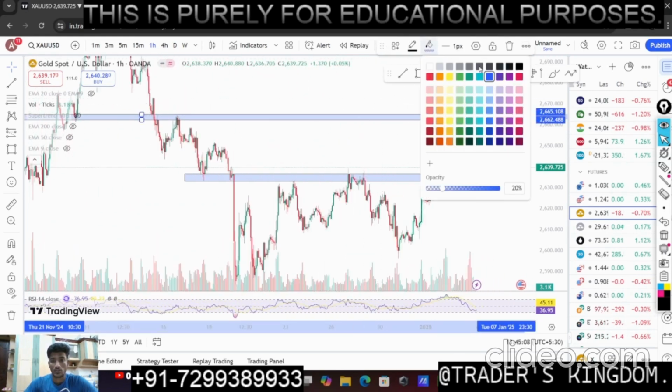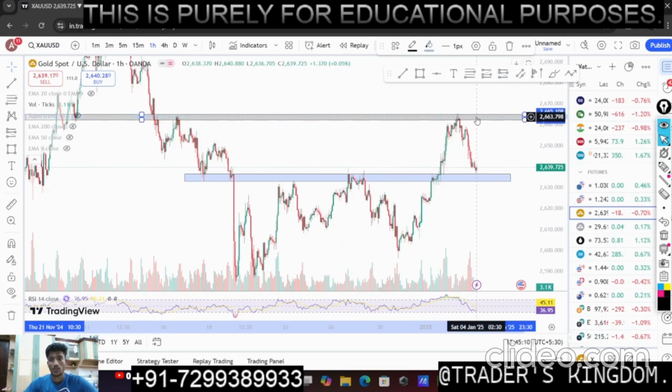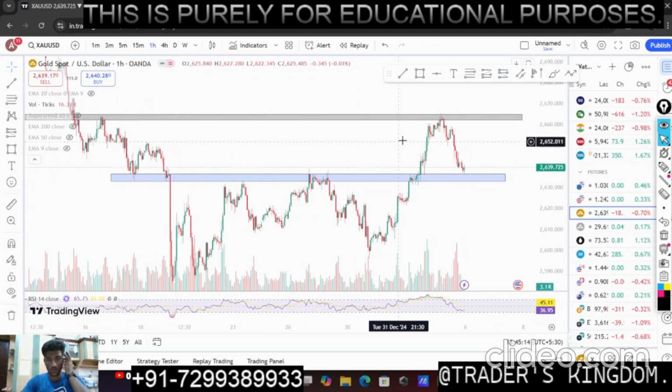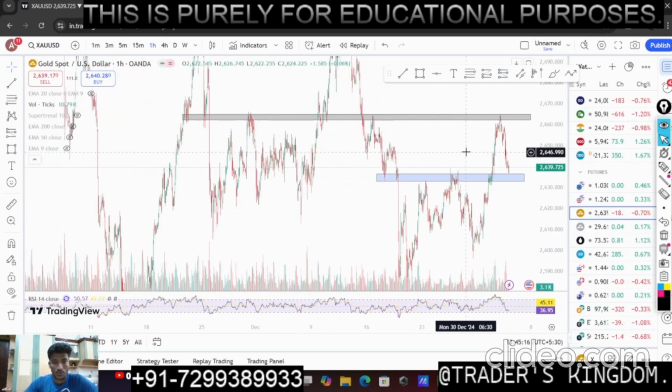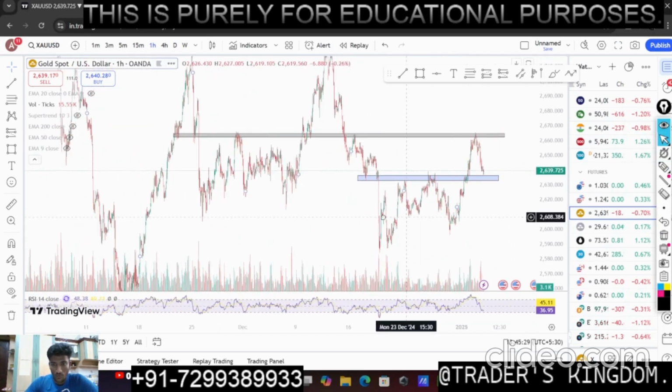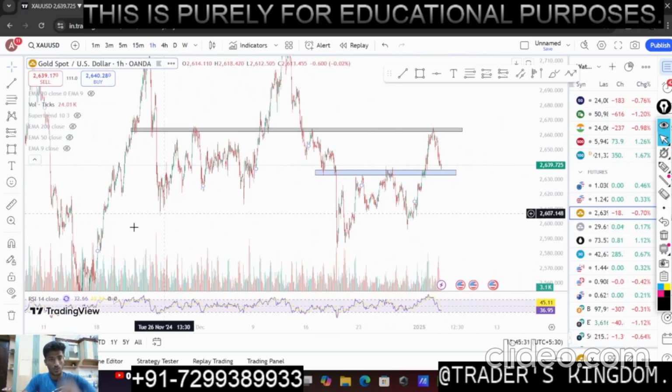I will mark this in black because this is a major zone. And how is this a major zone and how is it verified? Support, resistance. Valid? Yep, works.